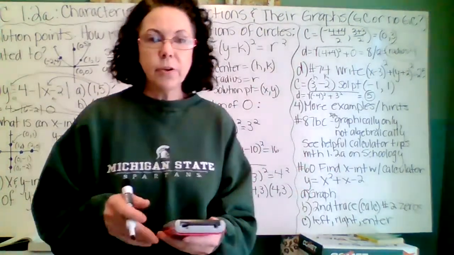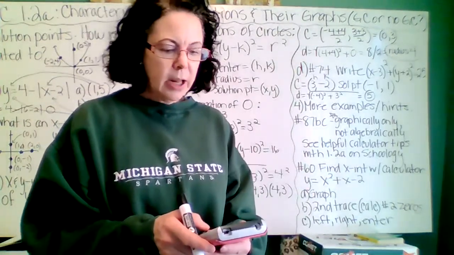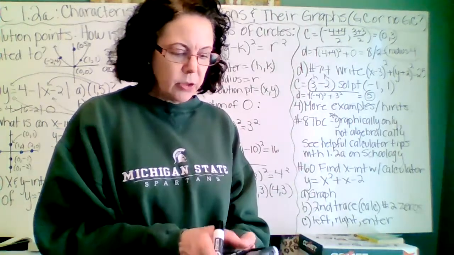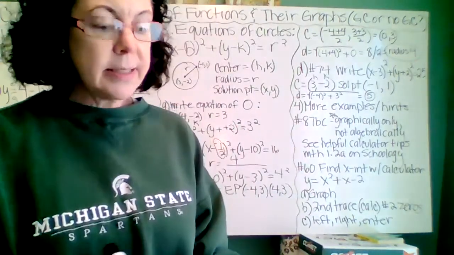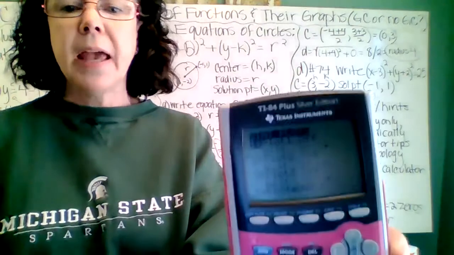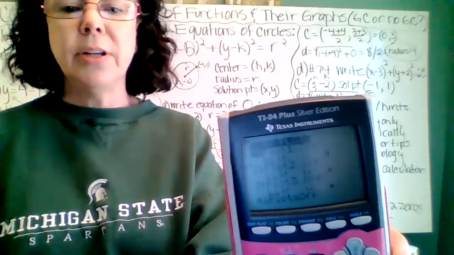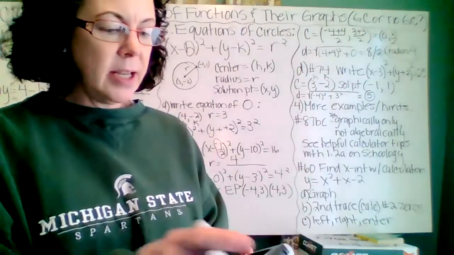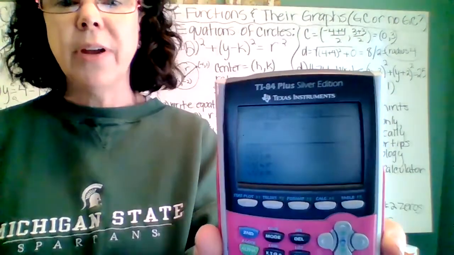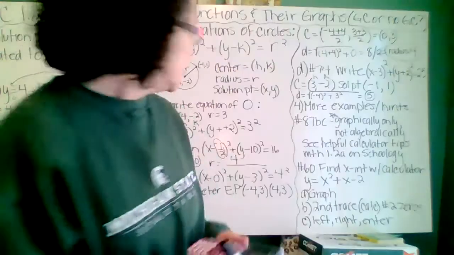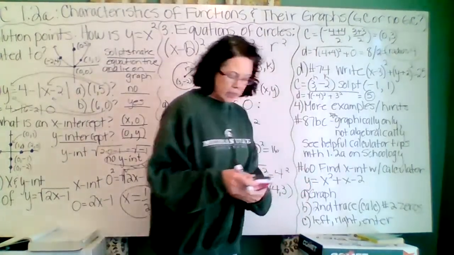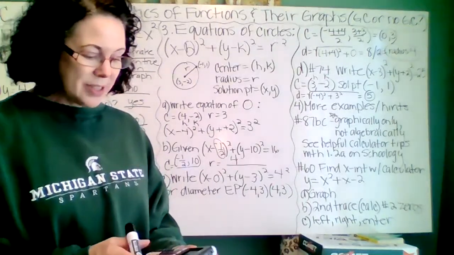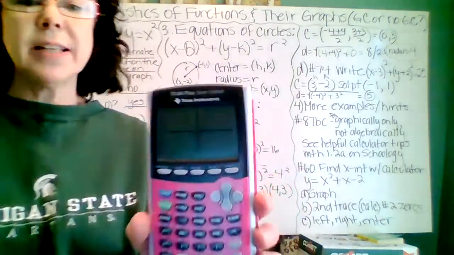If you were plotting statistics earlier, go to second y equals, stat plot. If any of your plots are on, you need to hit number 4 and turn them off. Otherwise, it's going to interfere with what you have on your y equals screen, which is what I have here. So the first thing I'm going to do to find the x-intercepts is do a zoom 6 and graph x squared plus x minus 2.